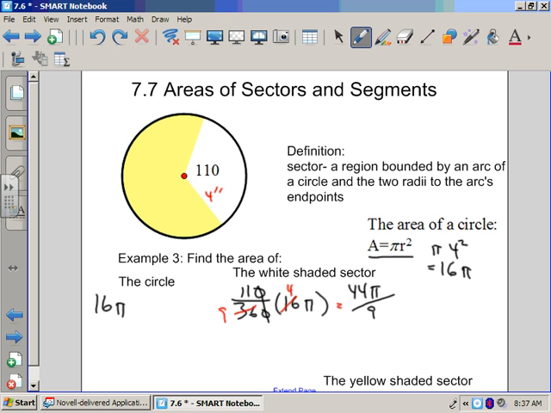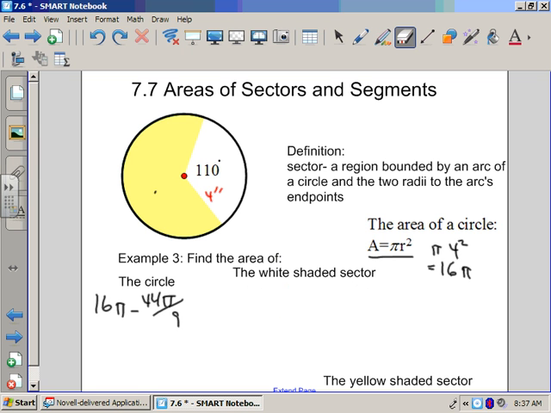Incidentally, if you think about what the area of the yellow shaded sector should be, it should actually be 16 pi minus 44 pi divided by 9. Hopefully that makes sense, because both of these sectors together should add up to 16 pi. But that's not normally the way we would do this, so let's look at it like I would probably expect you to work it on the test.